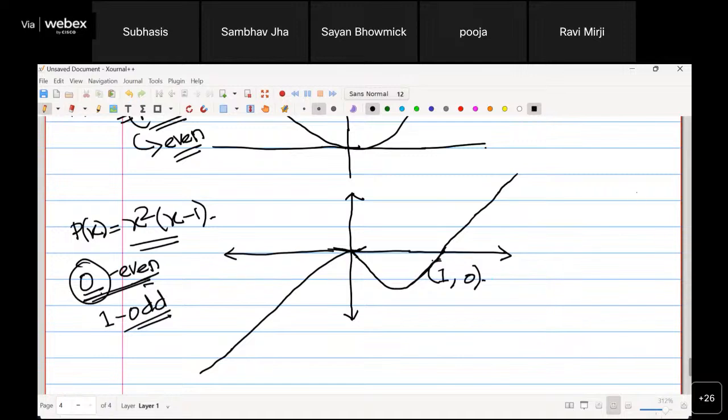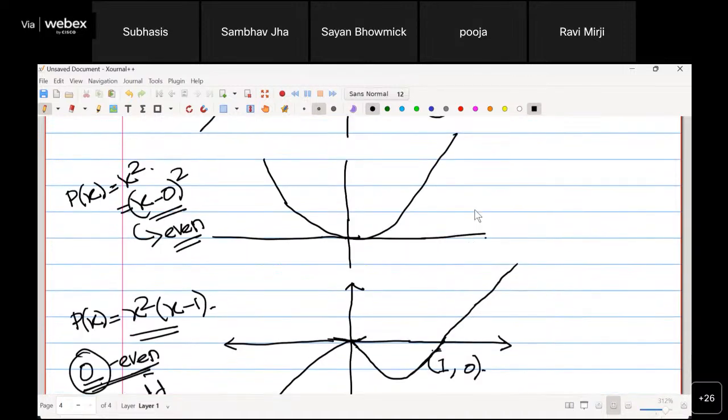So it completely depends on your function and how many roots that function has. For example, here you have only one root, 0. It will come and reach this point, then bounce back and go towards infinity.